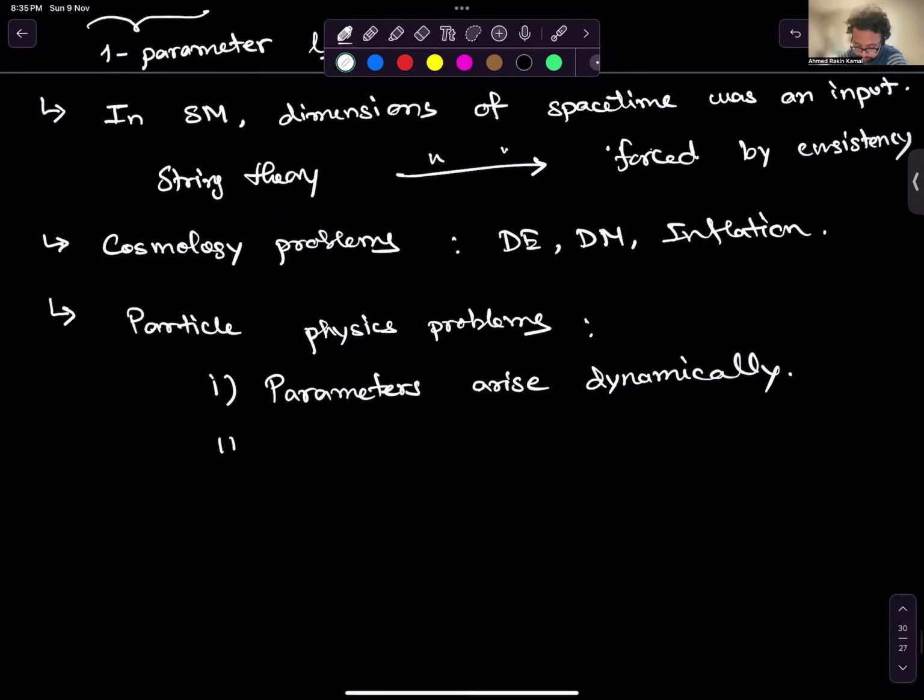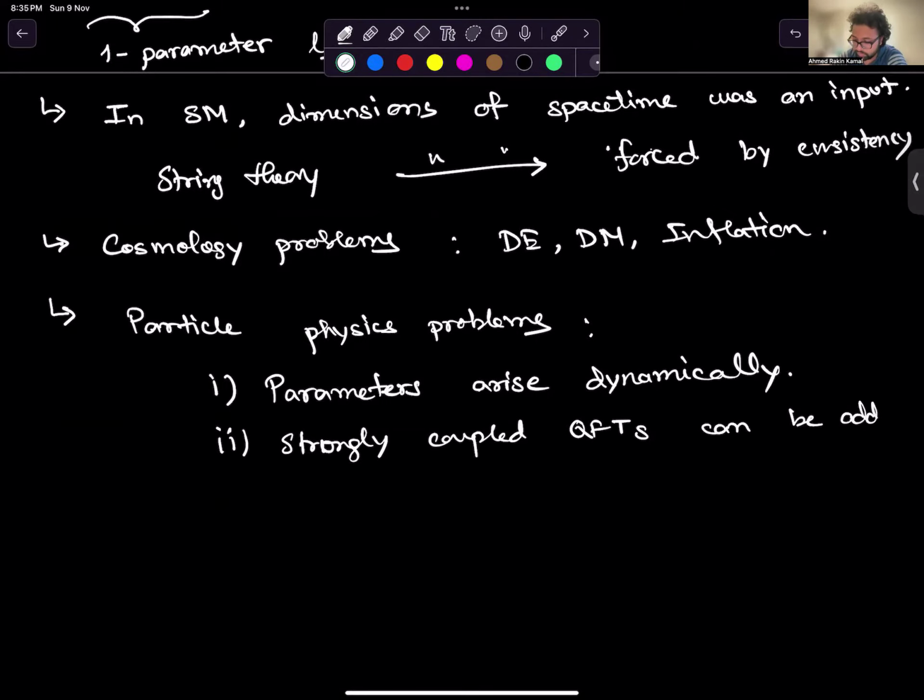And this is a bit more on the formal side, like strongly coupled QFTs can be addressed. So we have something called the holographic duality, which lets us tell a story of strongly coupled QFT by looking at some other picture.